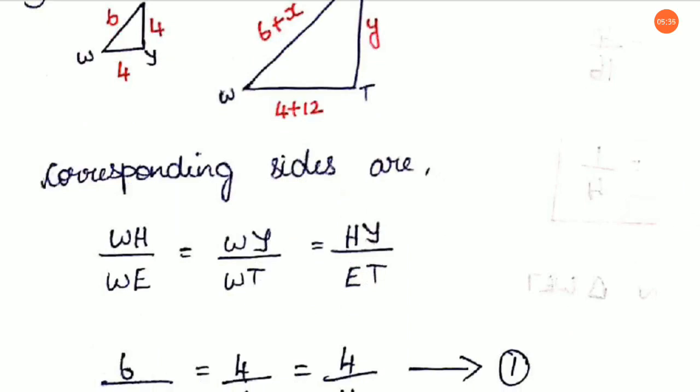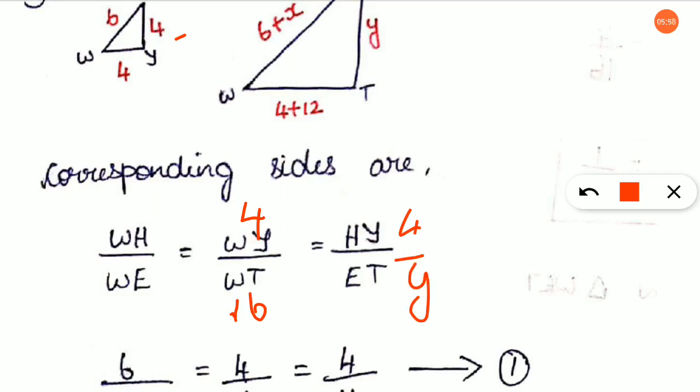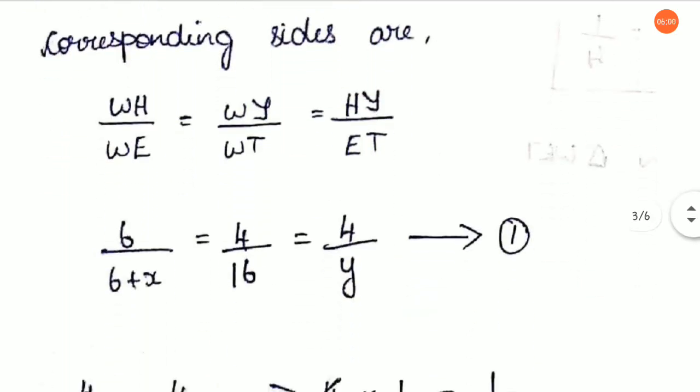WH is equal to 6 and then WE value is 6 plus x, and then WY is 4, WT is 4 plus 12, 16, and then HY is 4, ET is y. Okay, this is what I have written here.